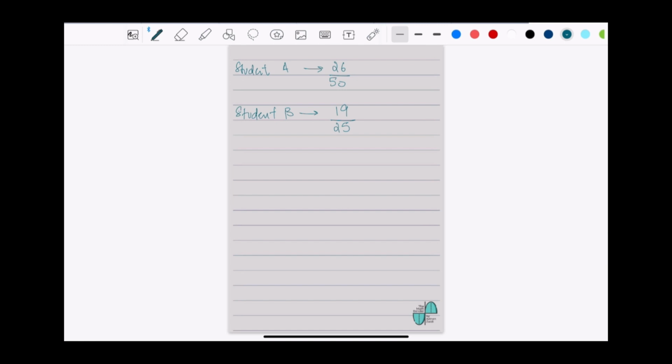So how would I figure out which of them got better marks? If I say which one of them got more, it's obviously pretty clear that it's going to be 26 because the number is bigger. But if I have to compare both of them, because they both scored out of different marks, in order to compare both of them on the same scale, we use percentages.